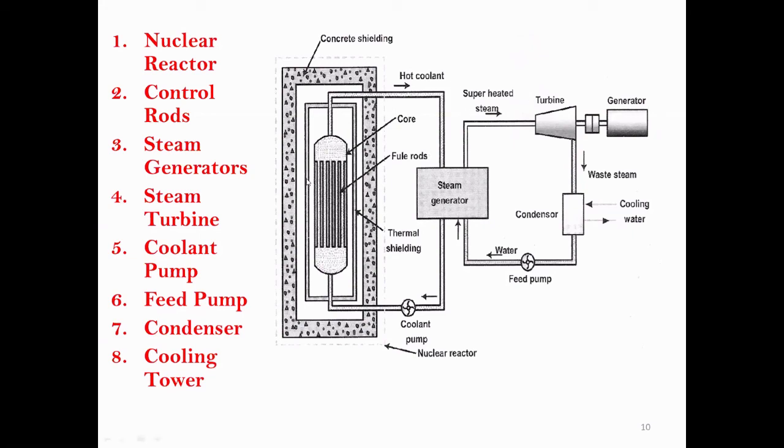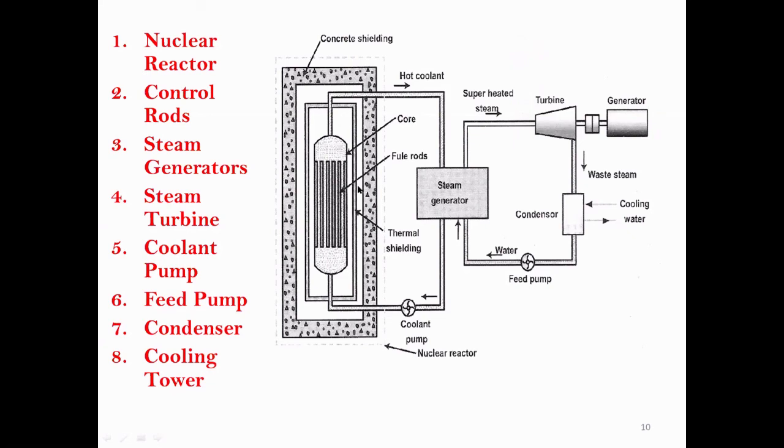You have control rods here, moderators, and nuclear fuel in the form of pellets, enclosed in a nuclear reactor and shielded by thermal shielding. The moderator, which is plain water or heavy water, is used to cool down or moderate the process.